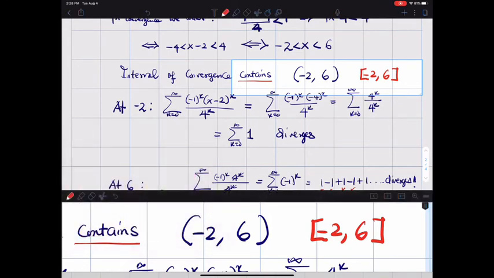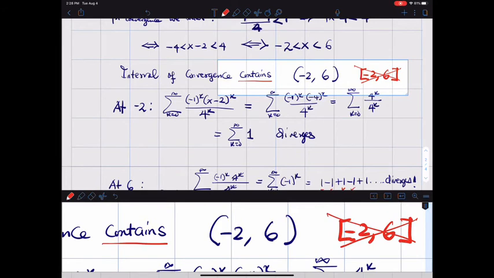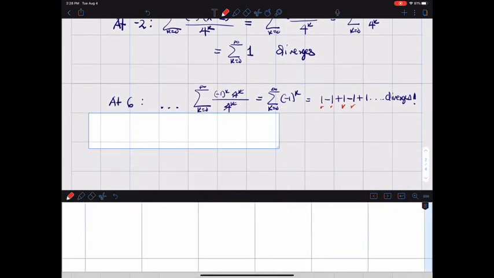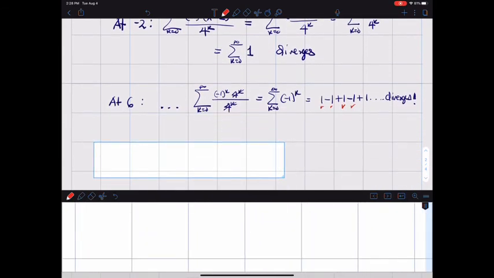That's not always the case, but here we just have to go with what we have. Instead of saying contains, we can actually say is, because we've proven that at the endpoints it diverges.